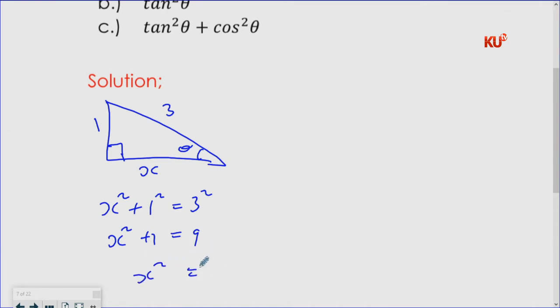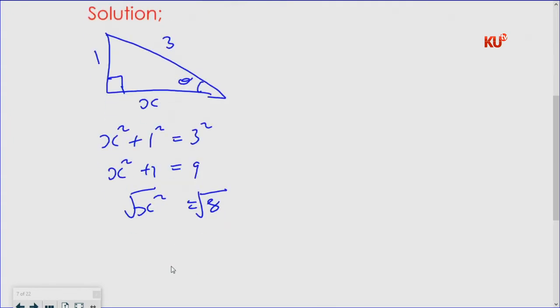X squared is equal to, shift 1 to the right hand side, you'll have 9 minus 1, which is 8. But we need x, therefore you introduce square root on both sides. This square root will cancel out with the square. You will have x is equal to square root of 8. So in short, our side x is equal to square root of 8.